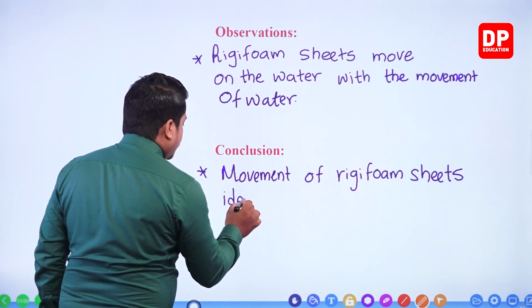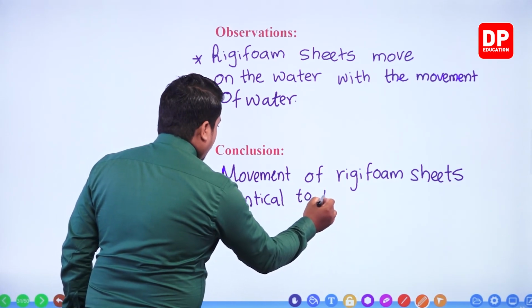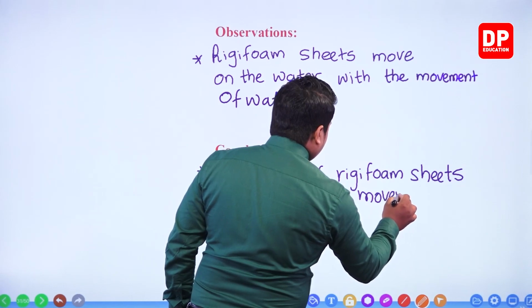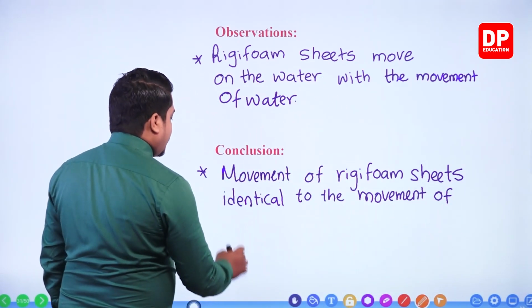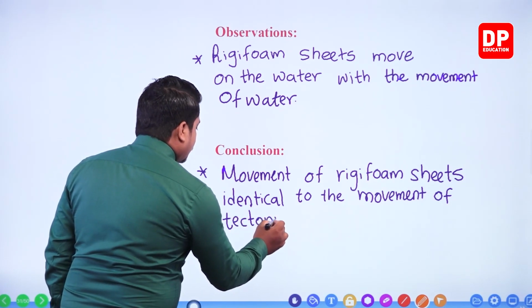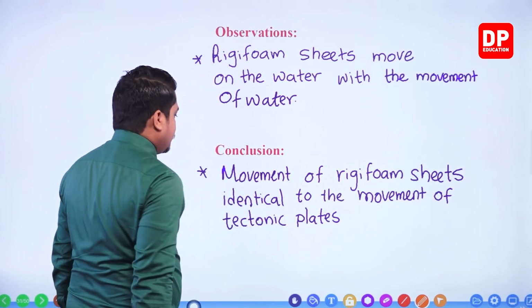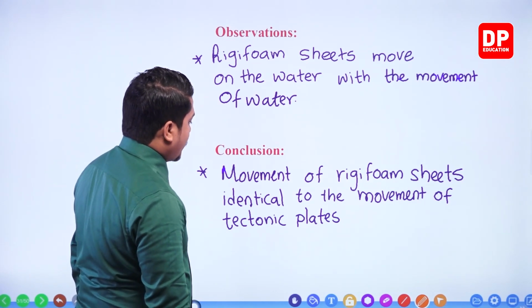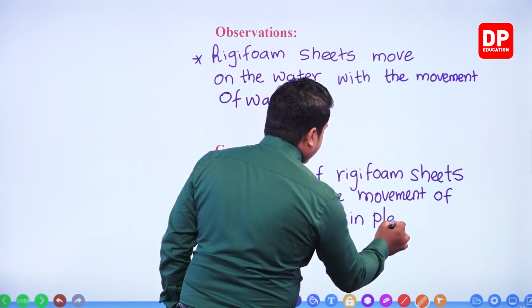Movement of rigiform sheets identical to the movement of tectonic plates in planet Earth.